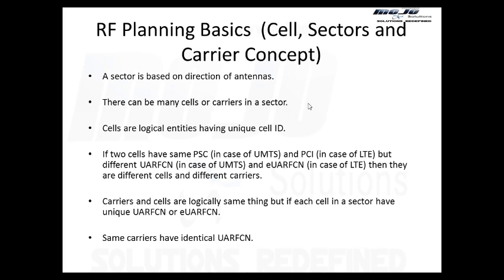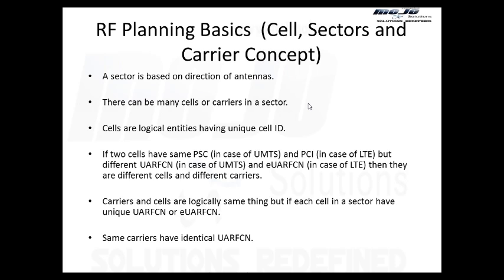Compressed mode is when the quality on all the cells which are currently serving you goes so bad. They are on the same frequency, but none of the cells meets the quality threshold or the coverage threshold.